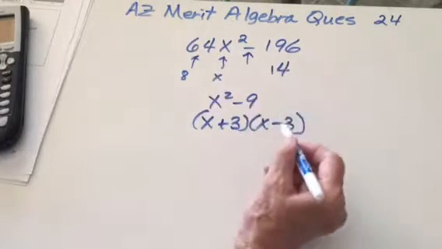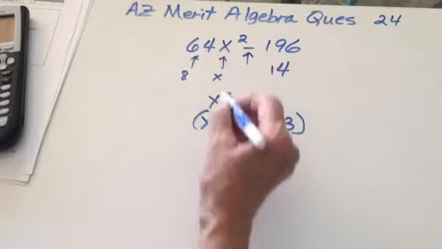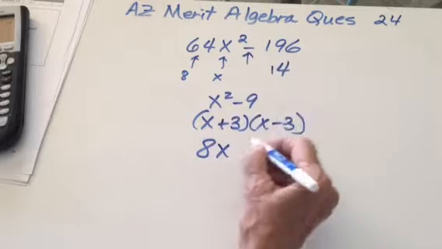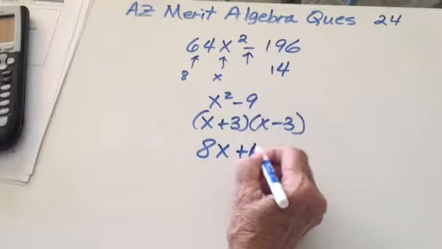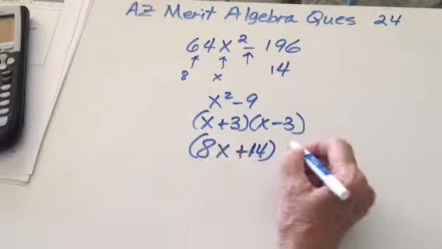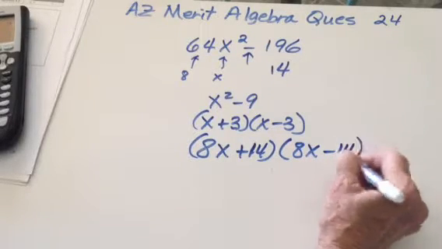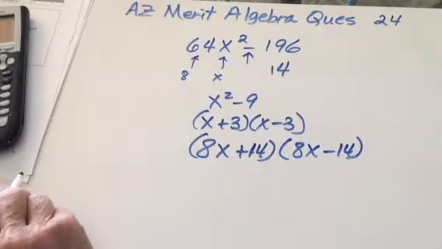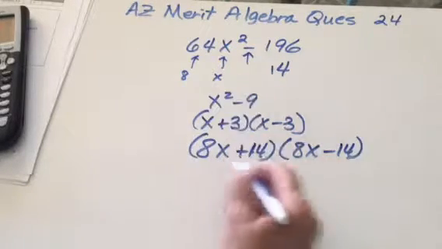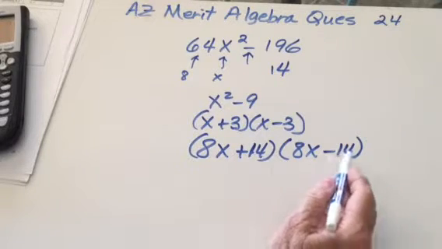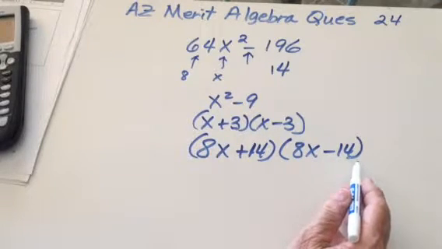Okay, well, let's do the same thing with this guy. We're going to go 8x plus 14 times 8x minus 14. And if you multiply that out, it'll come up to that, because the middle terms will cancel each other out.